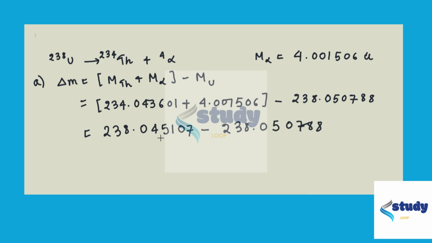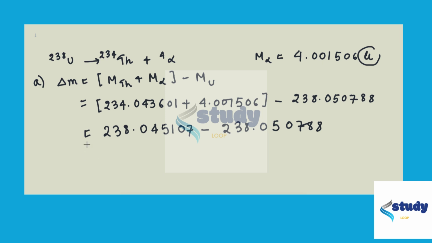See, the total mass that you have on the right is a little less than what you have on the left, and it's about 1/100th of an atomic mass, because this is given in U, the atomic mass unit, the standard mass unit.